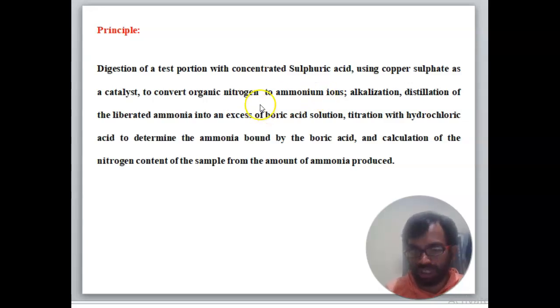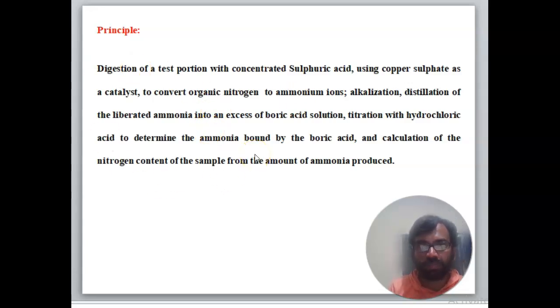That point is very important. Then alkalization and distillation of the liberated ammonia into an excess of boric acid solution. Then titration with hydrochloric acid to determine the ammonia bound by the boric acid. Then calculate the nitrogen content of the sample from the amount of ammonia produced. Actually, that is the principle.